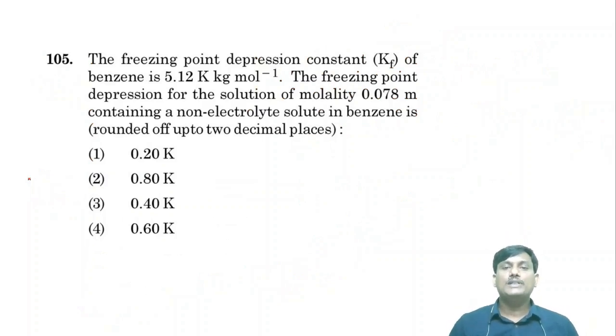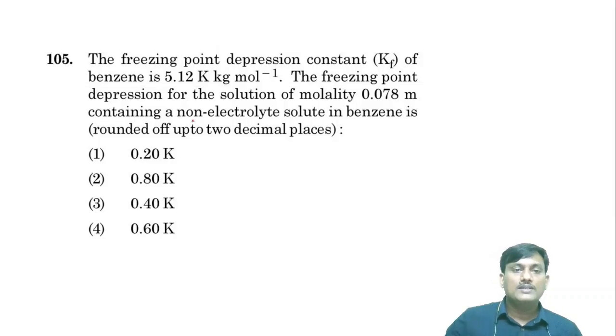The freezing point depression constant Kf of benzene is 5.12 Kelvin Kg mole inverse. What is the freezing point depression for a solution of molality 0.078 m containing a non-electrolyte? Non-electrolyte means there is no dissociation of solute into ions in benzene.